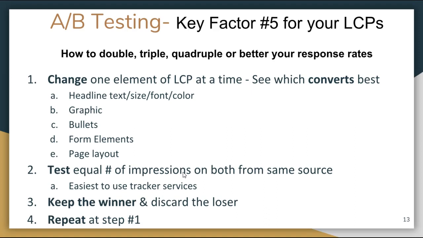Let's say you sent 1,000 clicks or 1,000 impressions to each source, and you got twice as much response on the A version as you did on the B. So your A version becomes your new A version, and then you change either the headline again to something different, or the graphic, or again bullets, formats, different things. And see, again, do the testing again and see which one comes out better.